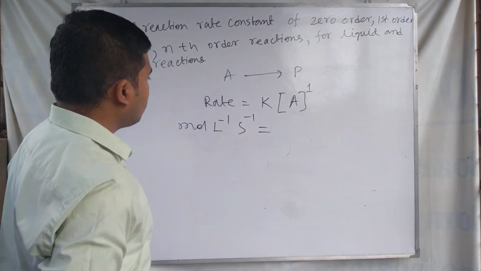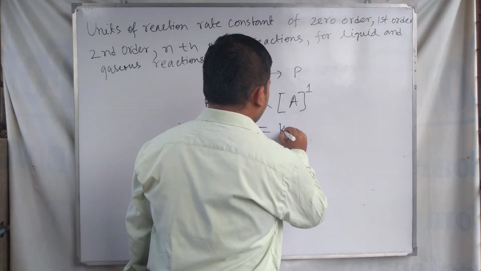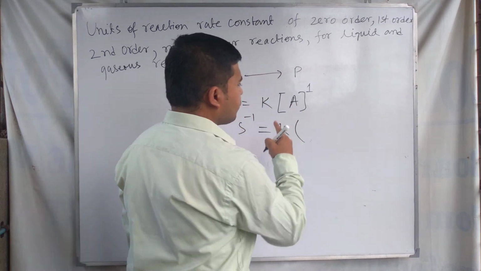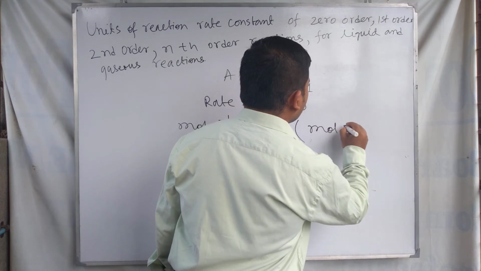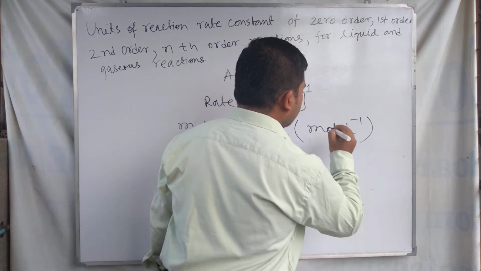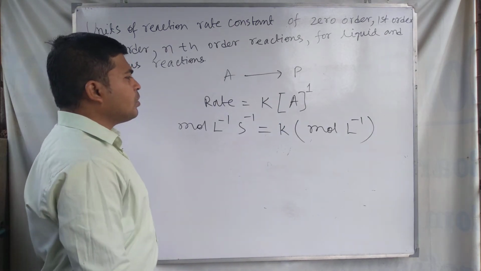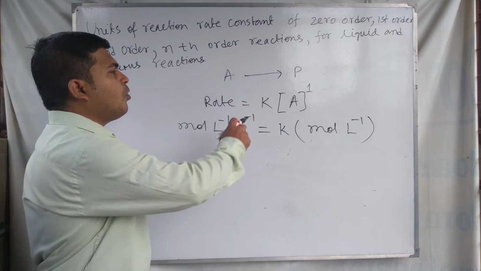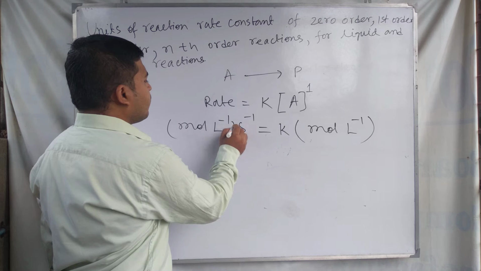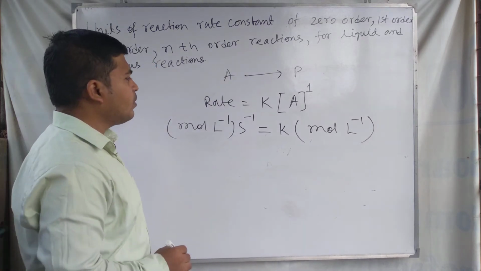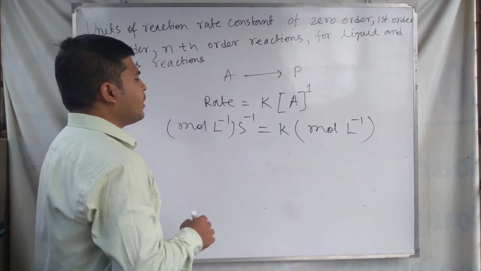And A is the concentration of A, if we take the molar concentration, mole per liter. So from this we can find the unit of k, the first order reaction rate constant.